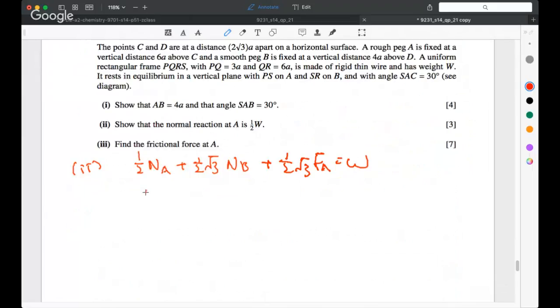And horizontally, these forces must also balance themselves out, so we have another equation.